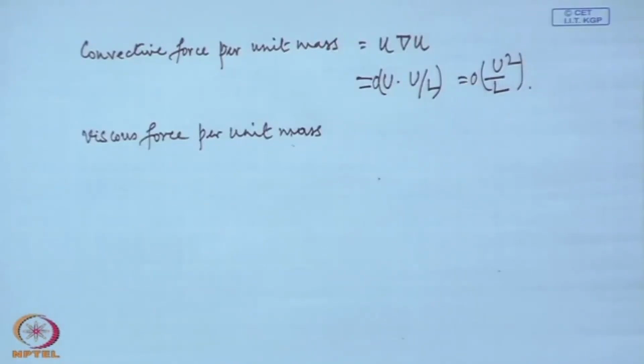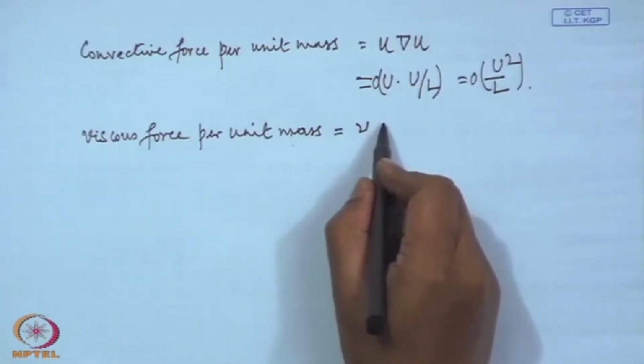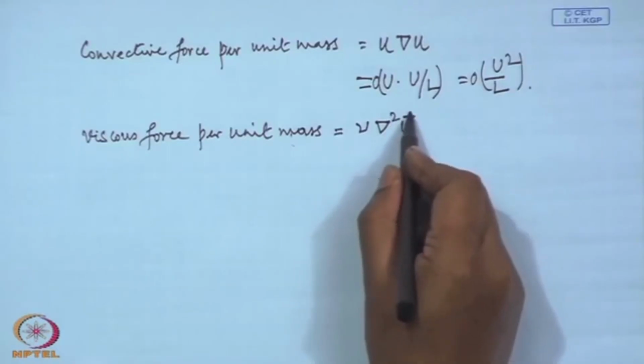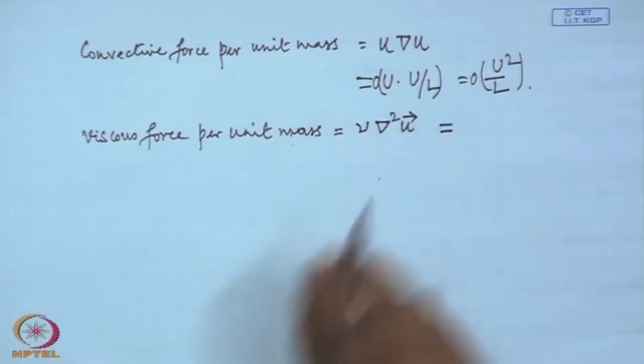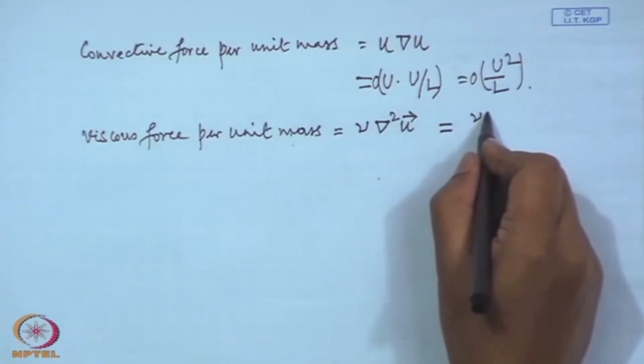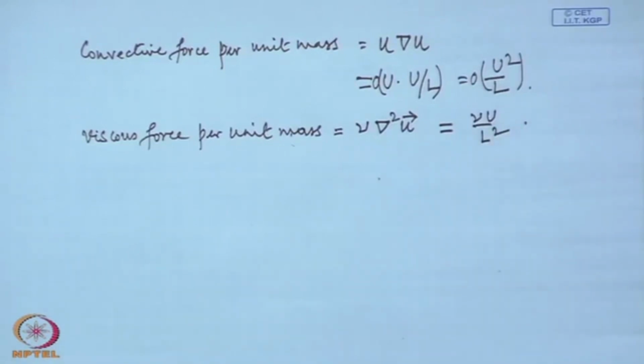Mu Laplacian U, and when you divide by rho, per unit mass it is nu Laplacian U. And its order? Again, order of nu U by L square.